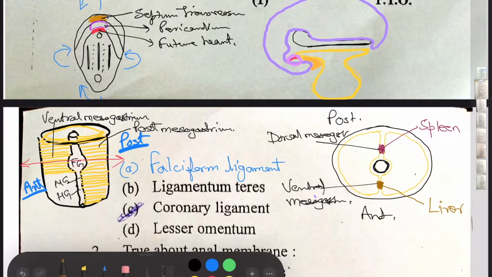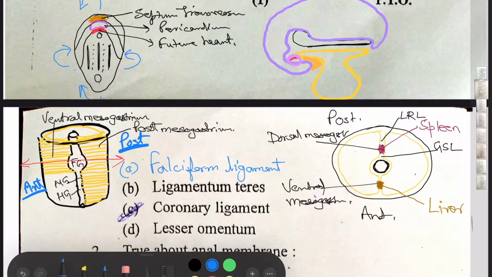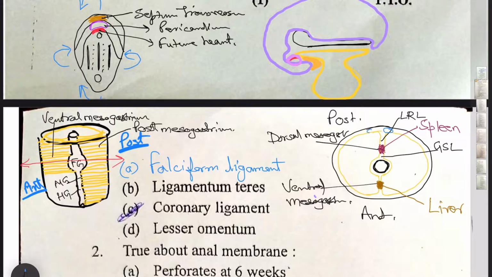Further names to these folds of mesentery: this now you will call gastrosplenic ligament, and this you will call lienorenal ligament, because behind you have the kidneys placed here. So this is lienorenal ligament.